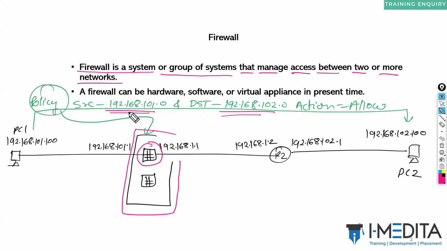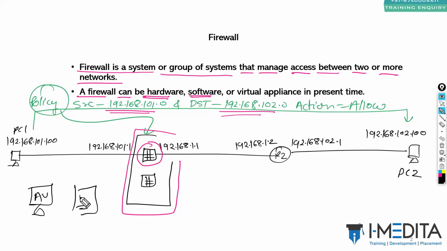Next, a firewall can be hardware. Yes, when you are replacing a router with a firewall, at that time the firewall will be hardware. A firewall can be software. When we say firewall is software, in our industry, on computers or servers, we install antivirus. When we install antivirus, some people also call that antivirus a host firewall.